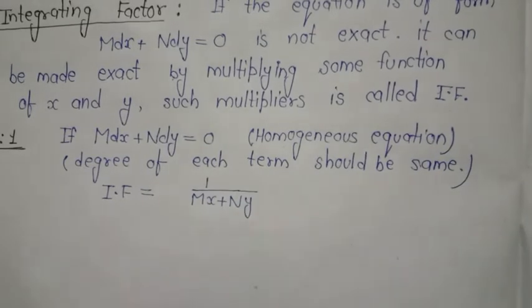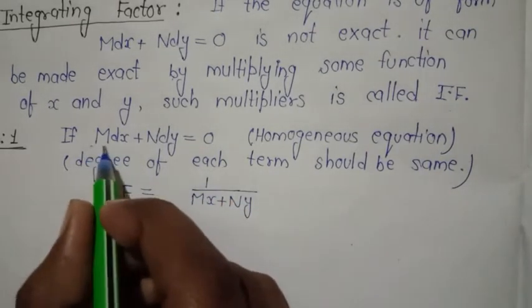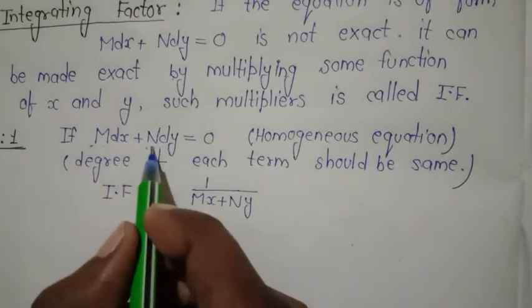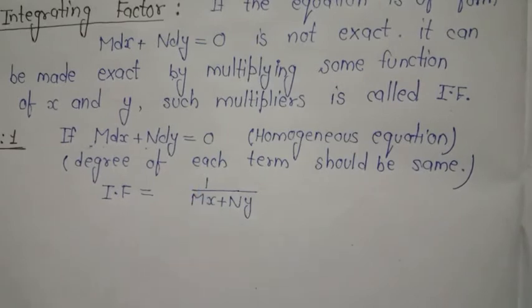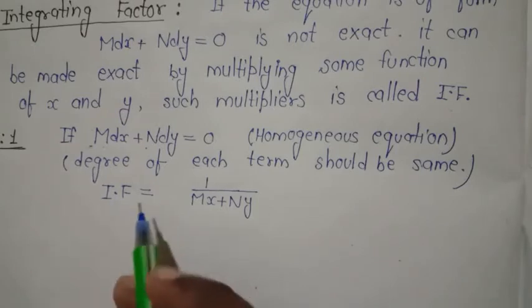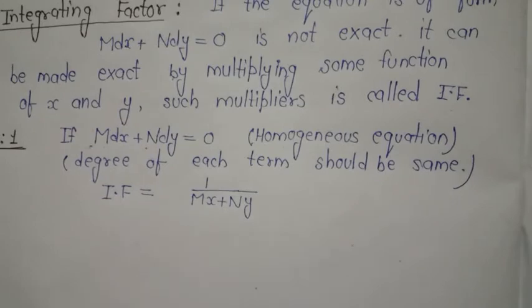Hope you have no confusion. You are given M and N, you multiply M with x and N with y, add them and take the reciprocal. You can easily get the integrating factor.